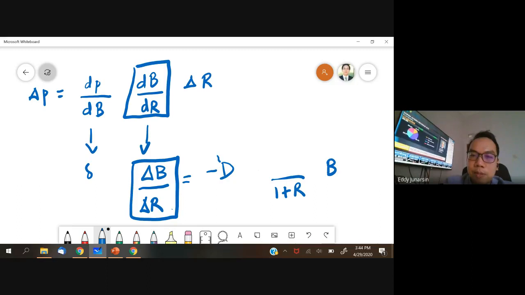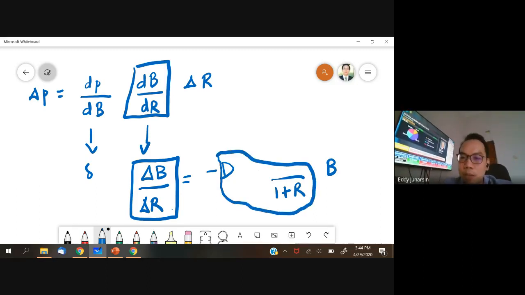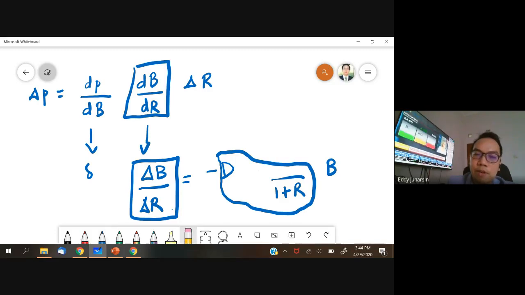I hope you still remember that the duration of the bond divided by 1 plus the original interest rate is called what? Modified duration, right? This is the modified duration.